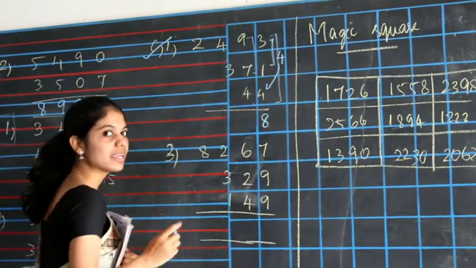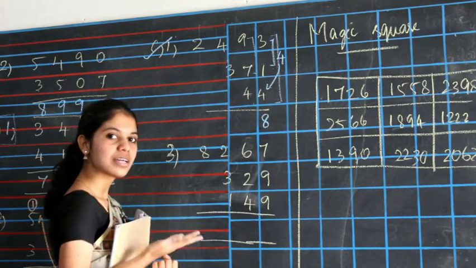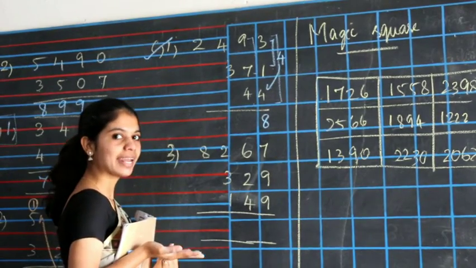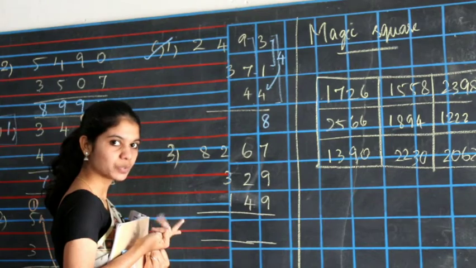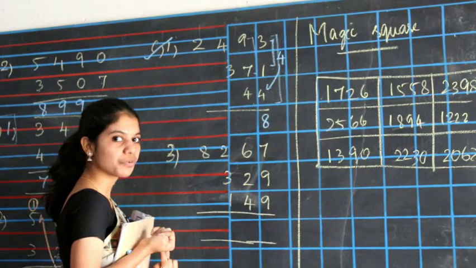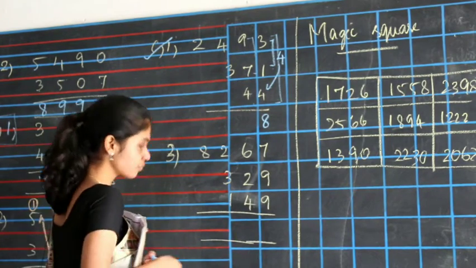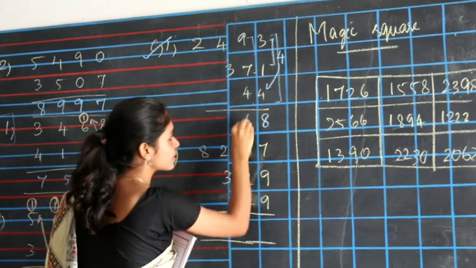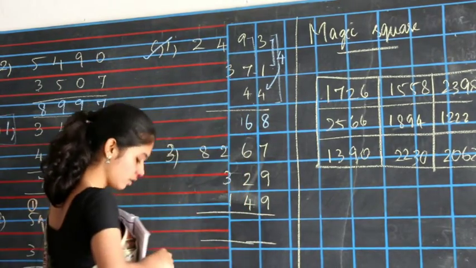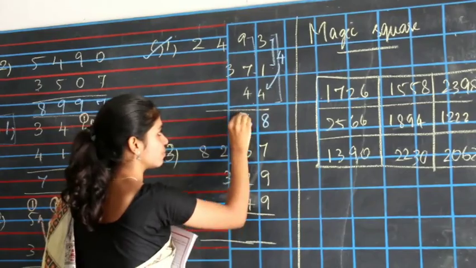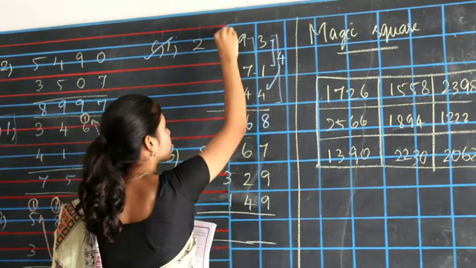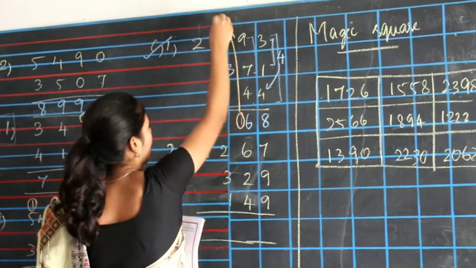9 plus 7 will be 9 in your mind, 7 in your fingers. 9, after 10, 11, 12, 13, 14, 15, 16. So you will be having 6 here and 1 will be your carry. You will take that 1 up.